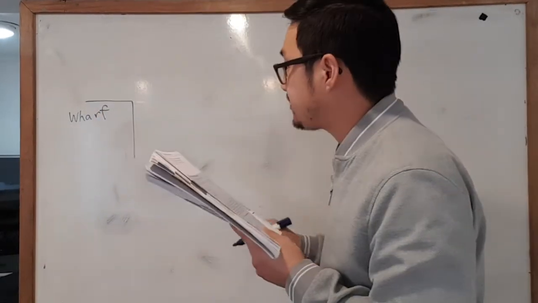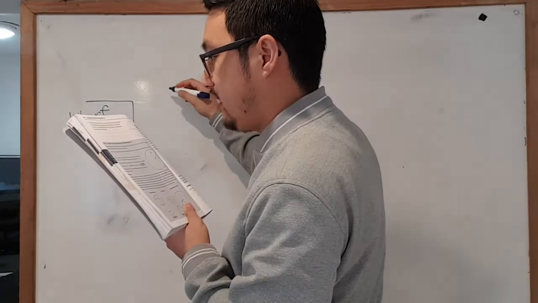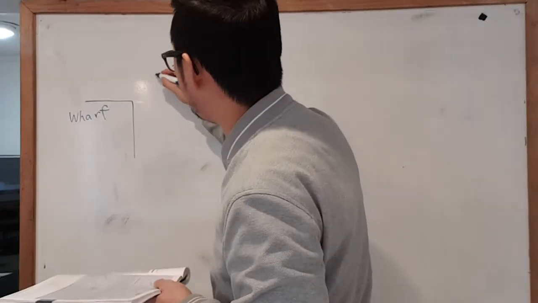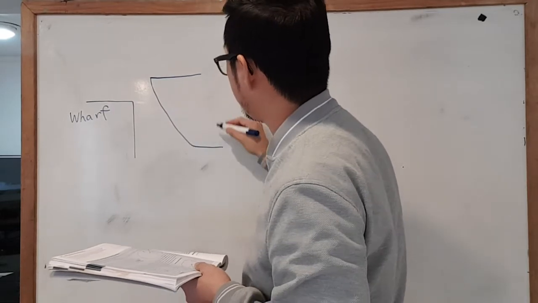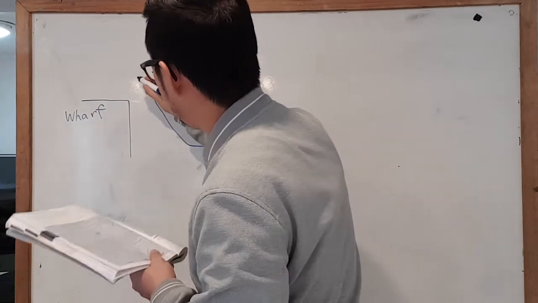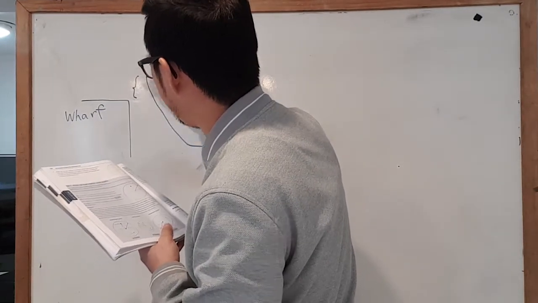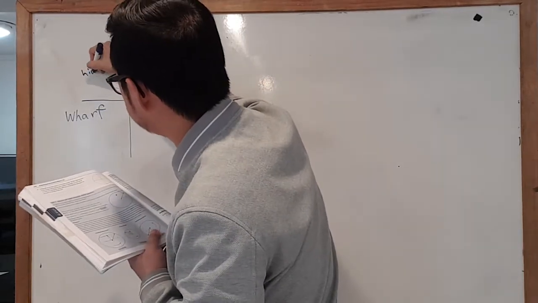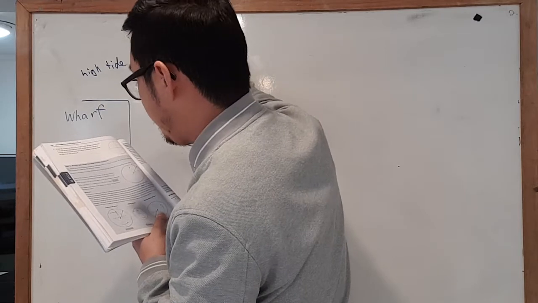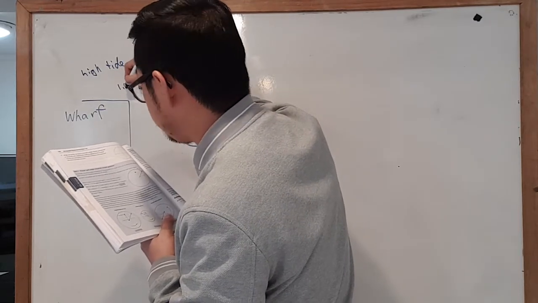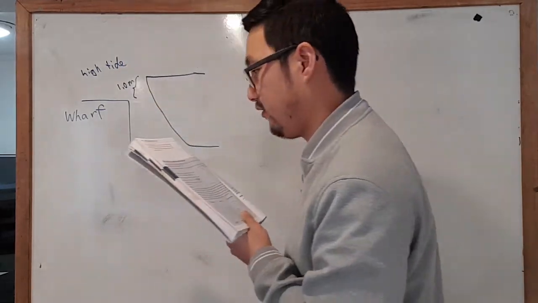Then when it's high tide, the boat is 1.0 meter above the wharf. Let's say this is where the boat is. That's high tide, the height is 1.0 meter higher than the wharf.